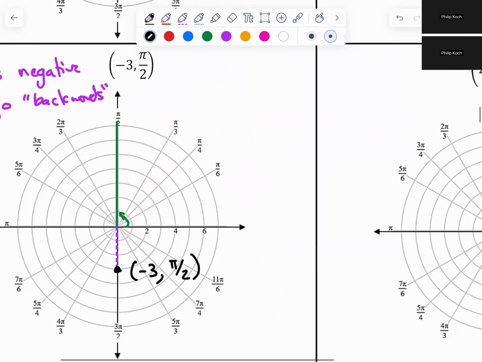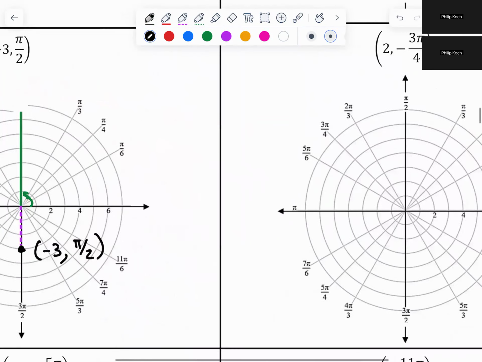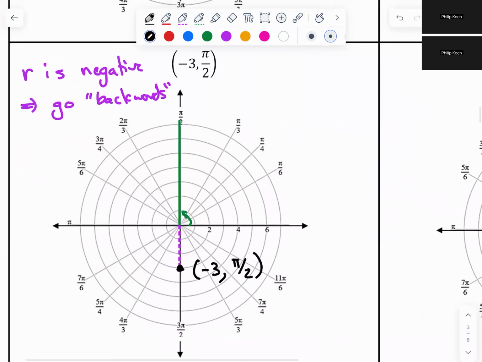The next 3, I'd like you guys to plot. I will slowly fill in details, so I'd like you to try and do it yourself. And if you feel comfortable imagining where the line will be and counting it, that's fine too.